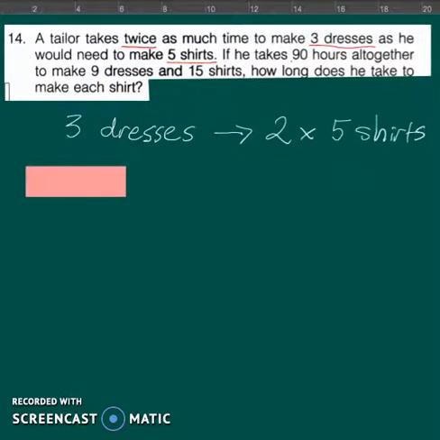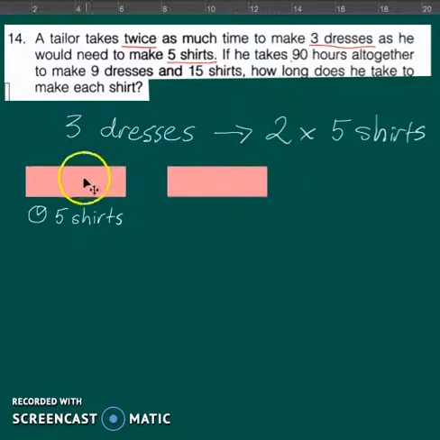Okay, so let's let this pink bar here represent the amount of time that it takes to make 5 shirts. So what can we use to represent the amount of time that it would take to make 3 dresses? Well, according to our information here, it takes twice as much time as it does to make 5 shirts to make 3 dresses. So we're going to need 2 of these bars.